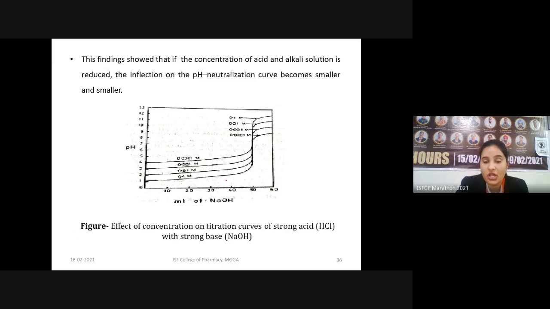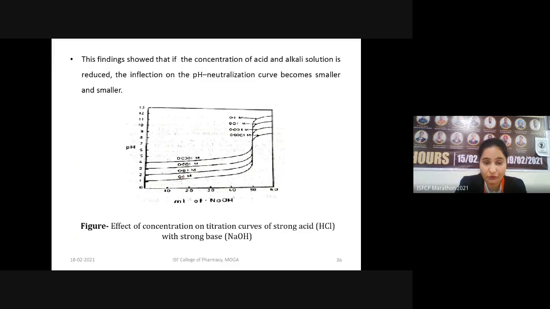So we can observe that as the concentration is decreasing, the point of inflection, this is how we observe the point of inflection, it is generally indicated by this line, the line at which the sharp pH change is observed.